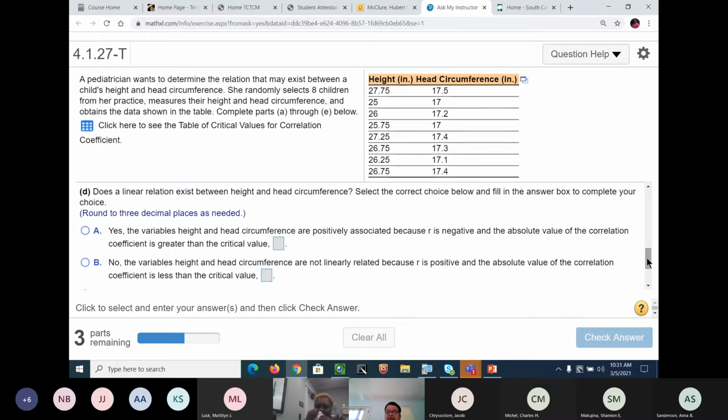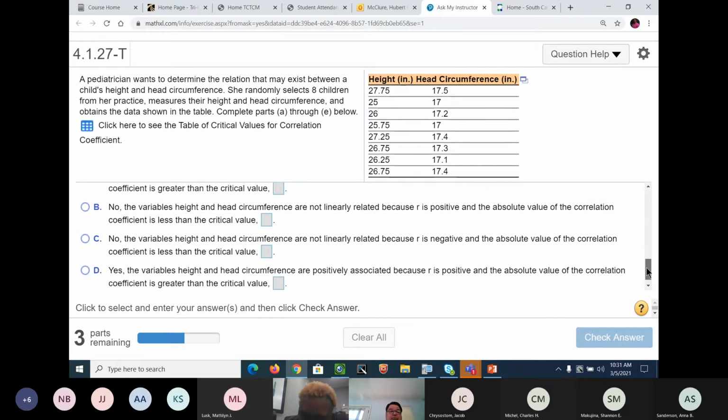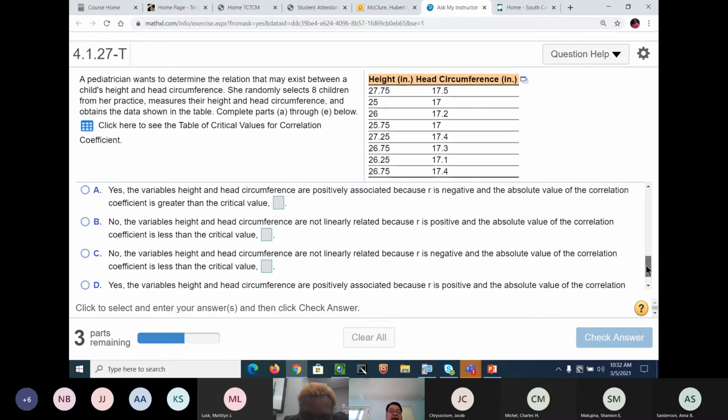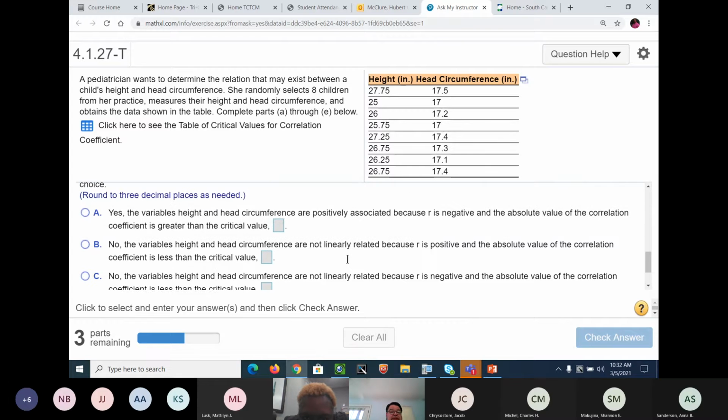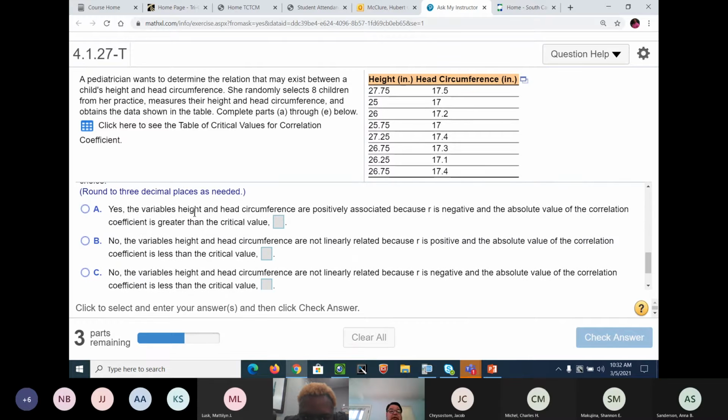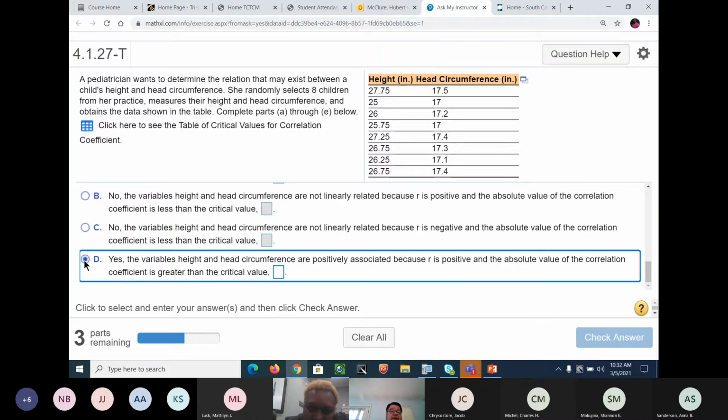So which one of these answers is correct? I'm going to say yes, so it's either going to be A or D. Now let's see what A says. Yes, the variables height and head circumference are positively associated because R is negative. Well, that's wrong. R is not negative. R is positive. So it's going to be D.